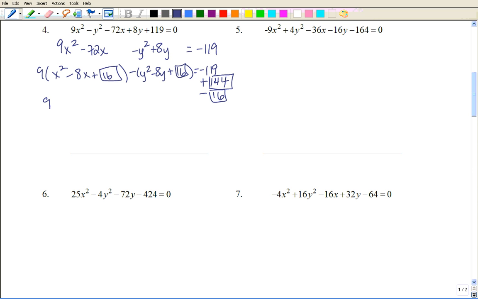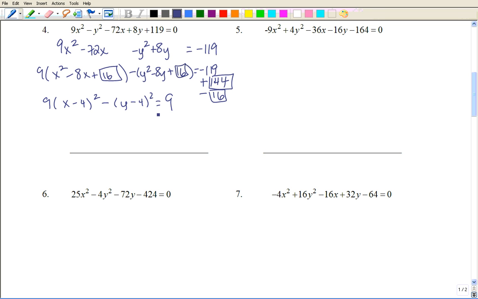So now we have 9 times x minus 4 squared minus y minus 4 squared, and then negative 119 plus 144 minus 16 is equal to 9.